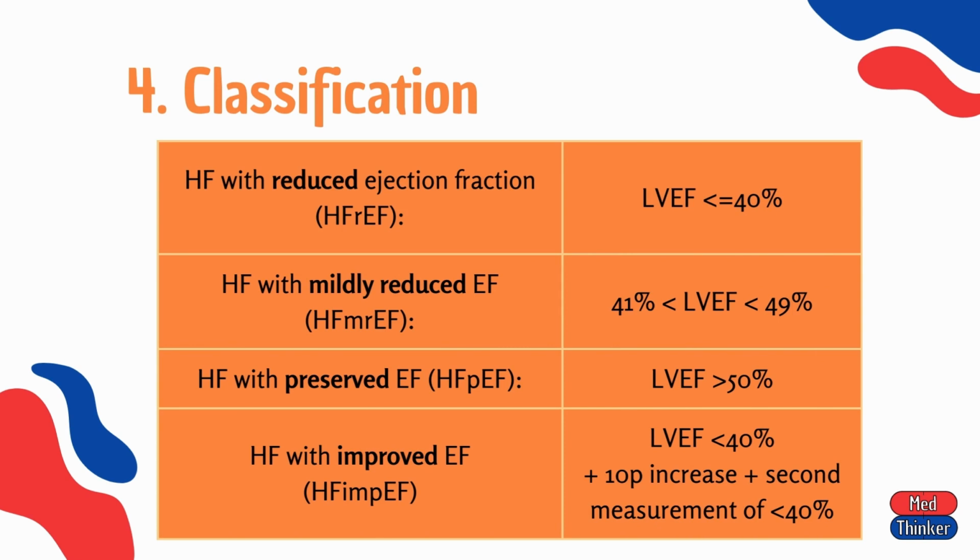And when we check it on a second measurement, their LVEF is still under 40%. So they are not quite in the category of mildly reduced EF, but it could be someone who used to have maybe 30% and now they are at 40%.